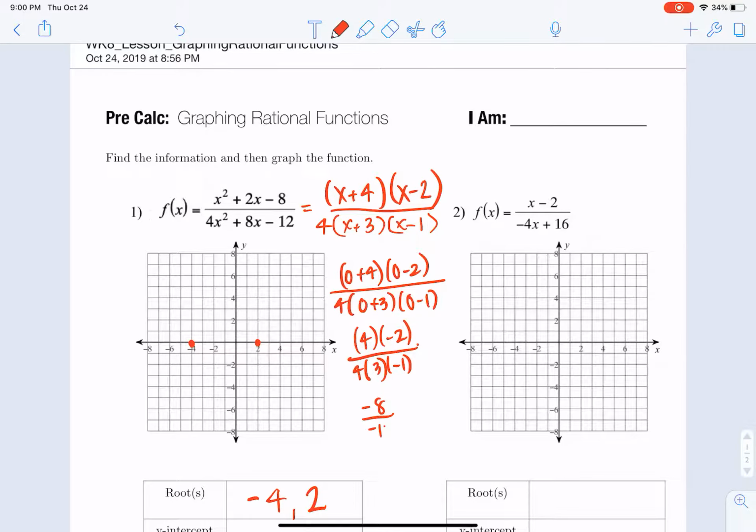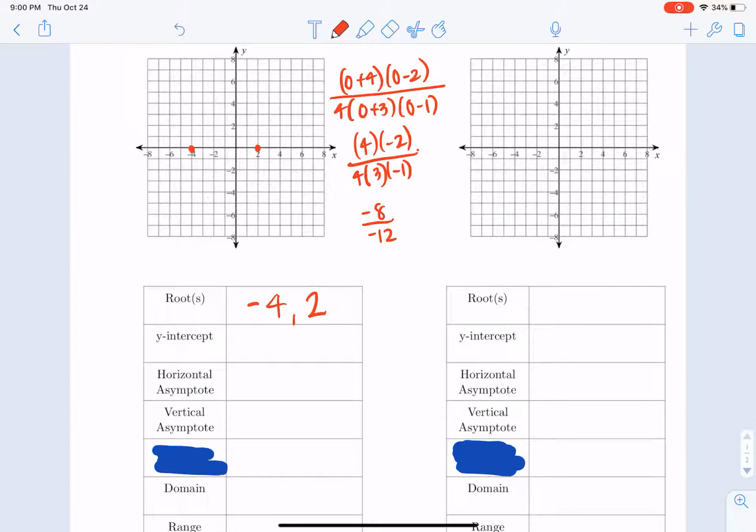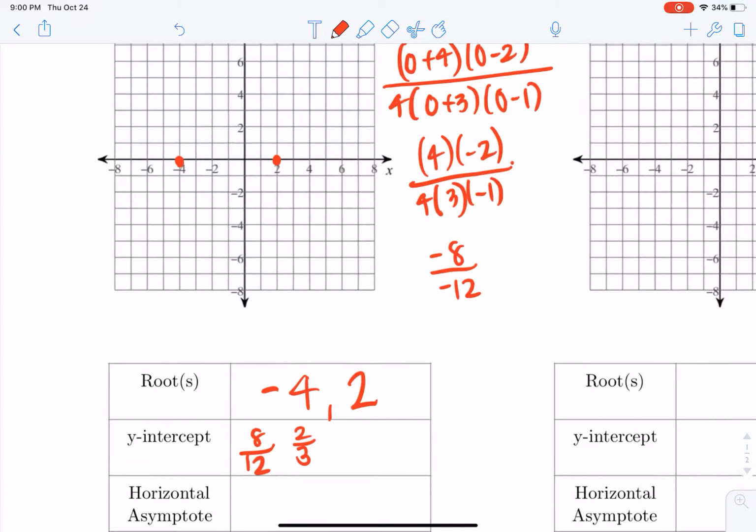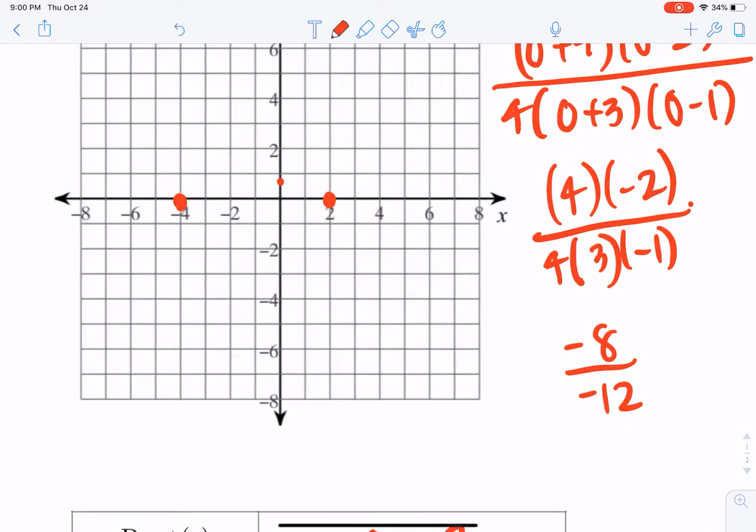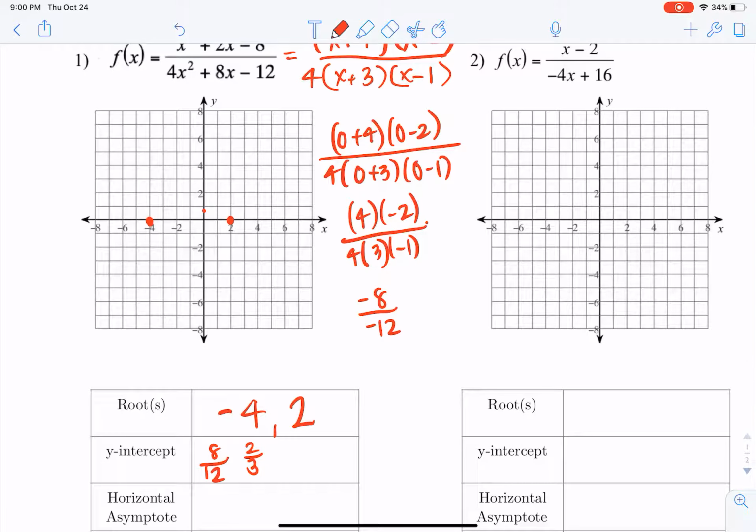So -8 over -12. So my y-intercept is at +8 over 12, which I can simplify. I can divide both of these by 4 and get 2/3. So at +2/3, I will have my y-intercept.